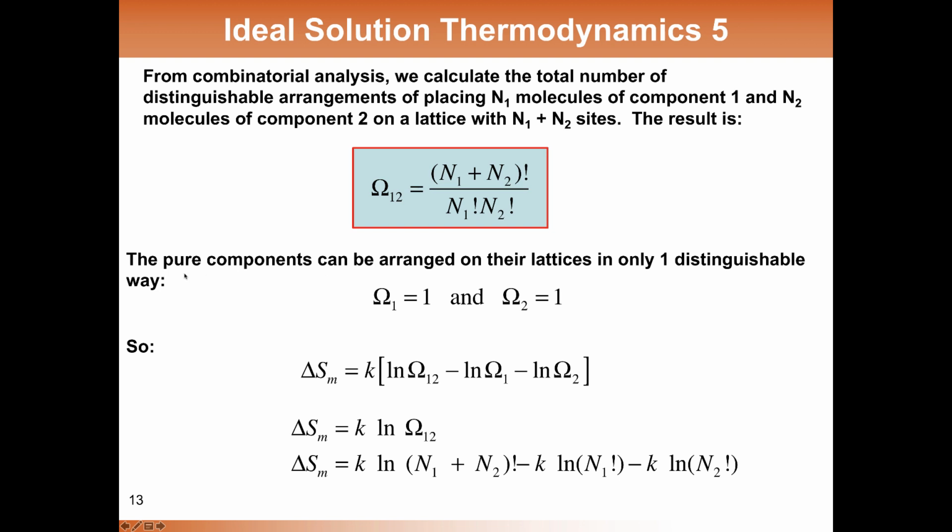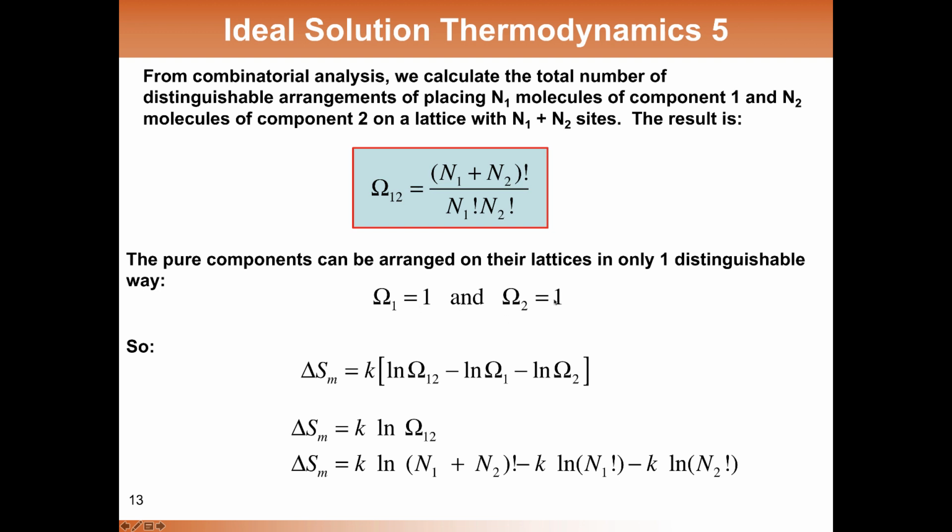The pure components, since all the molecules of 1 are the same and all the molecules of 2 are the same, can only be arranged on their lattices in one distinguishable arrangement. And so we calculate the delta S of mixing for mixing N1 molecules of type 1 and N2 molecules of type 2, and according to the Boltzmann relationship, the result is shown here.